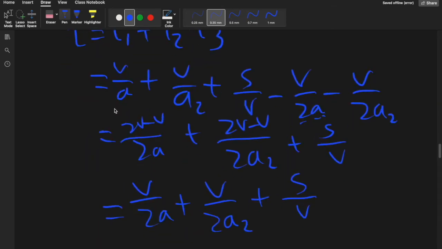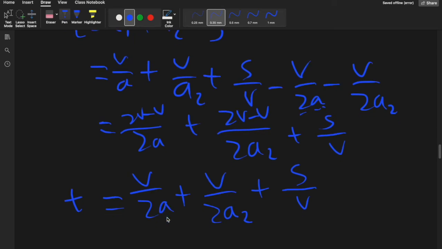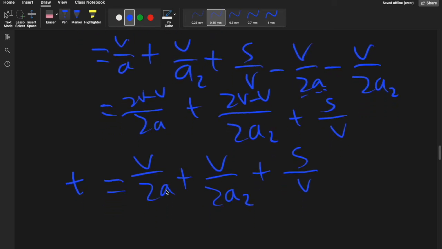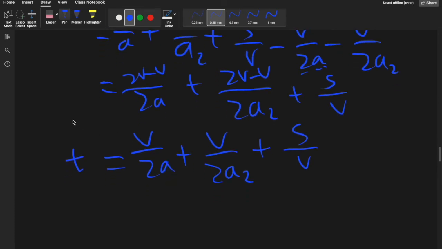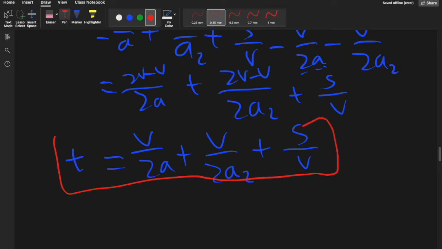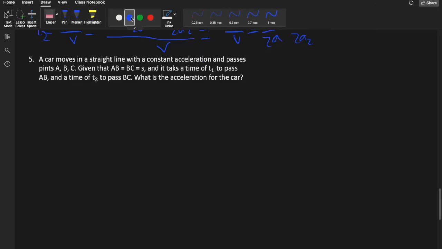So this is equal to time. If you want, you can combine those fractions. So let me see. Yeah, so this will be the answer. Now let's do problem number 5.